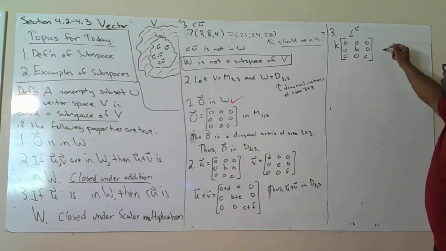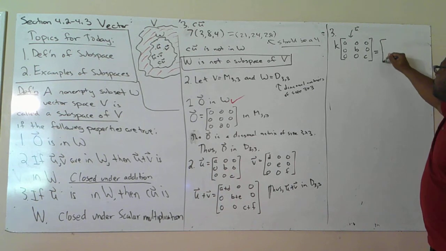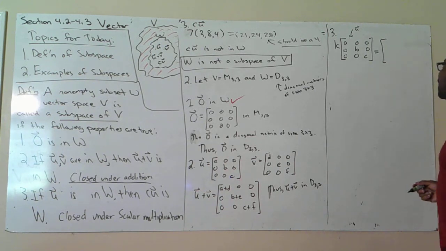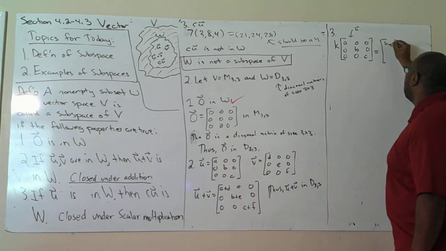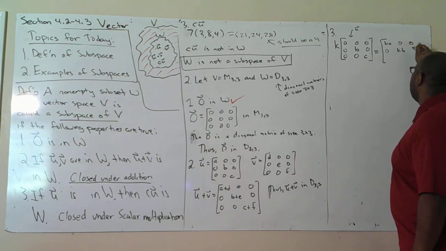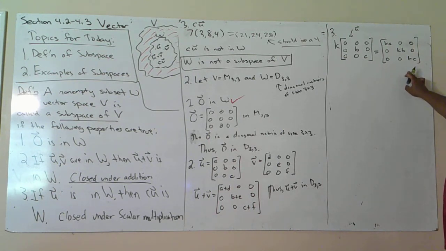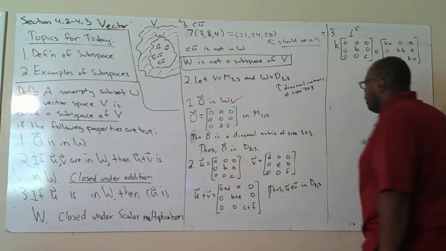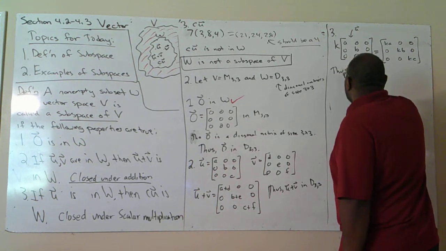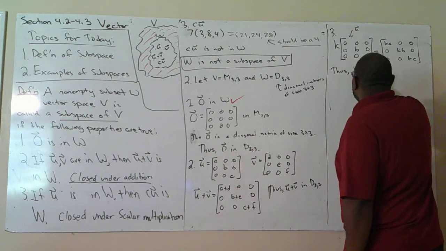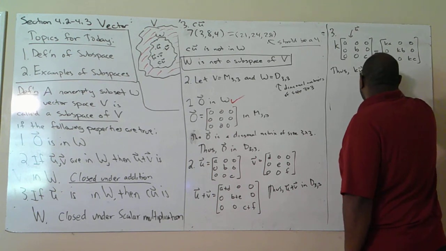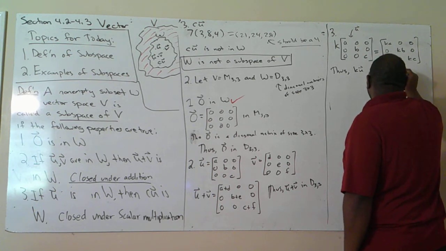U is a diagonal matrix of size 3 by 3. What happens when I do scalar multiplication? If I'm assuming standard scalar multiplication, I get Ka, 0, 0, 0, Kb, 0, 0, 0, Kc. This is also a diagonal matrix of size 3 by 3. So thus, I can say that K times U is in D33.